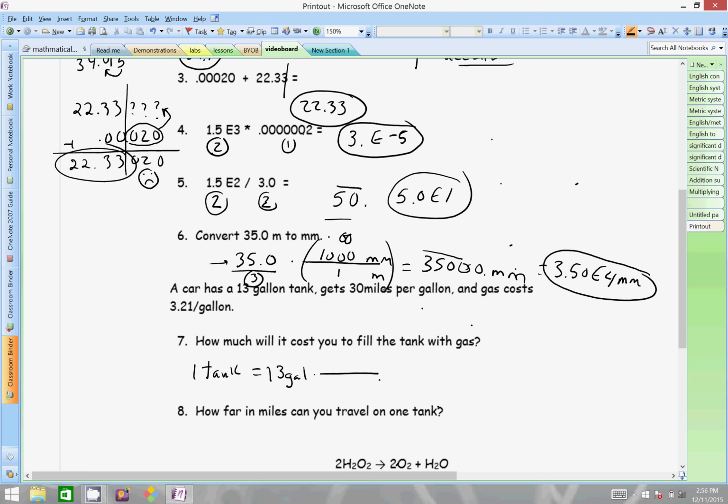Dot line, get rid of gallons, and go to, in this case, dollars. 1 gallon costs you $3.21. $41.73.